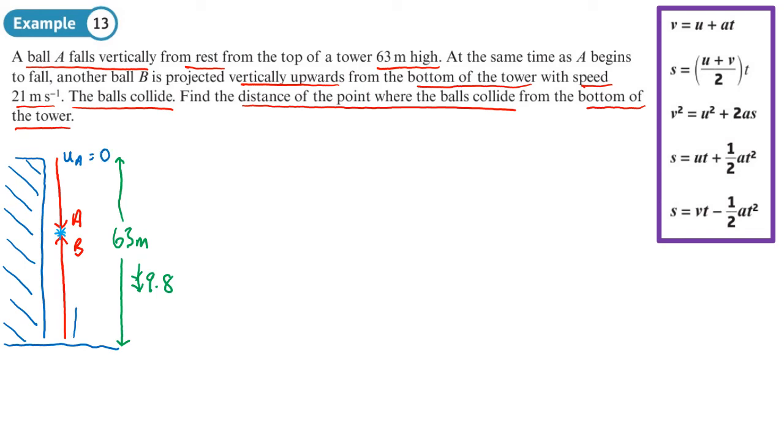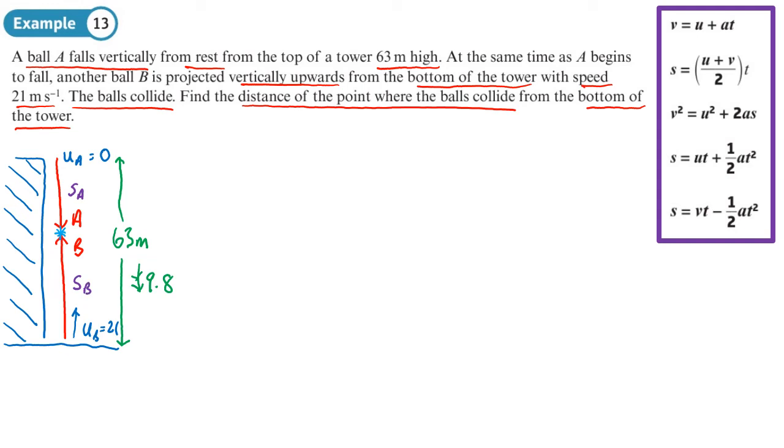And here, the initial velocity of B, we're told, is 21. And we'll call the distance that A has travelled its displacement SA. That'll tell us how far down it's gone. And we'll call the displacement that B has gone SB.